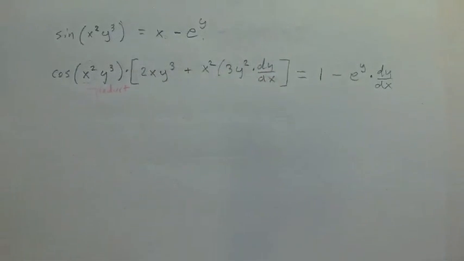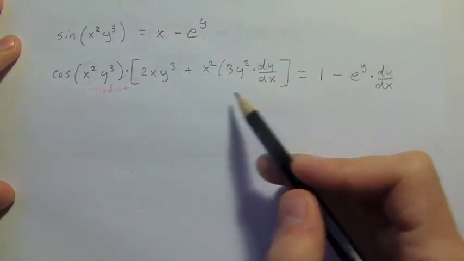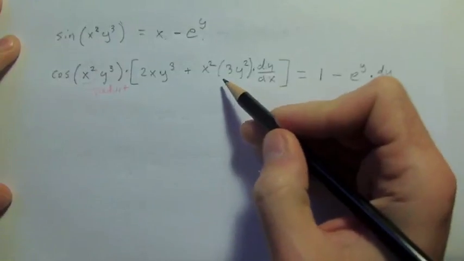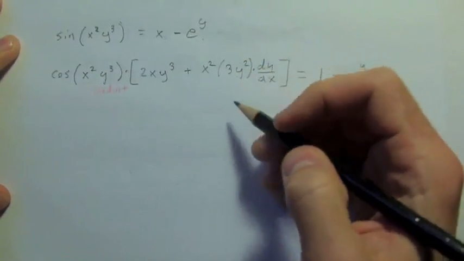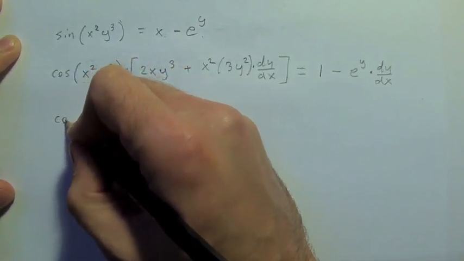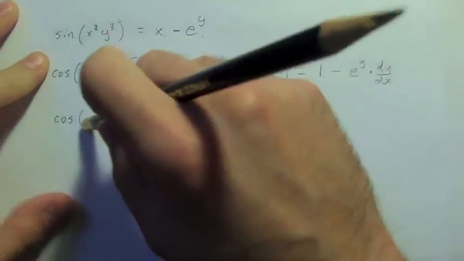So first I'm going to distribute. Sometimes you will have to distribute things or simplify your equation before you start moving. But we'll distribute this cosine x squared y cubed. I should put that in parentheses. It usually looks better if we write the cosine at the end.